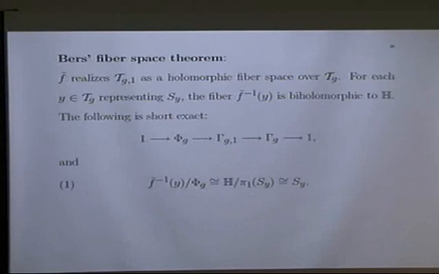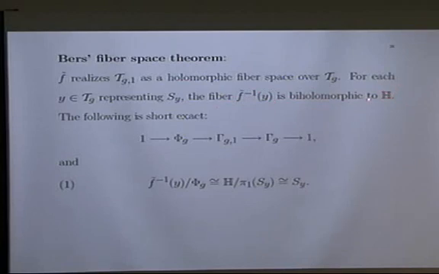Let's recall the Bers fiber space theorem, which says that on T_{G,1} and T_G, the inverse image of F tilde for a point in T_G is actually just H, the upper half plane.